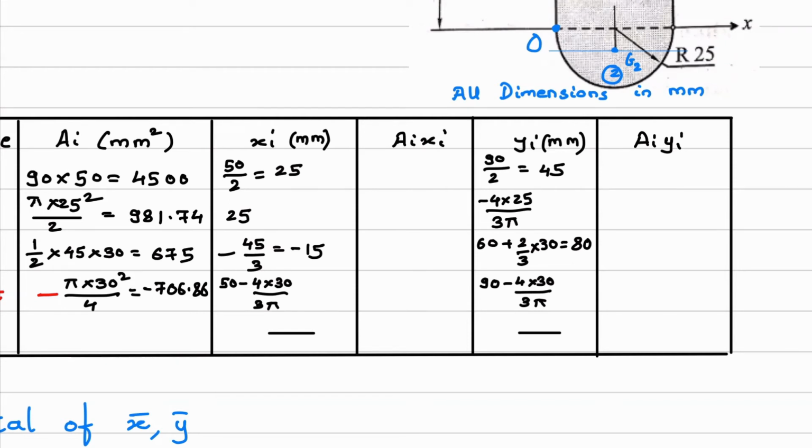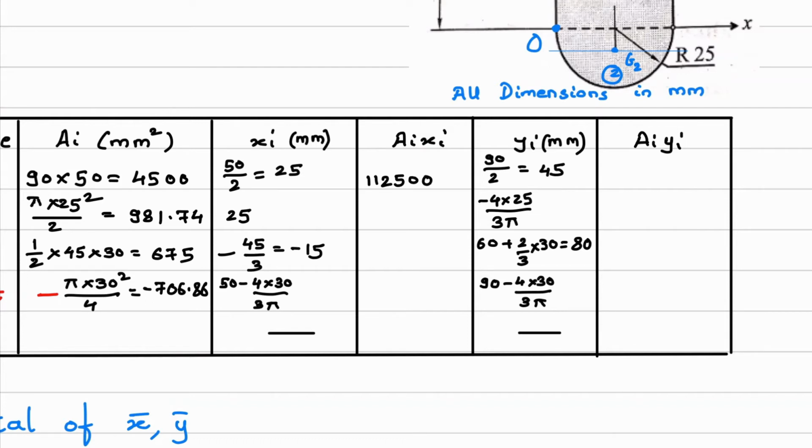Now we have to just calculate ai into xi and ai into yi. You have to multiply this area into xi to get this value, and you have to multiply area into yi to get this value. So I'll complete the table. For figure 1 it is 112500.